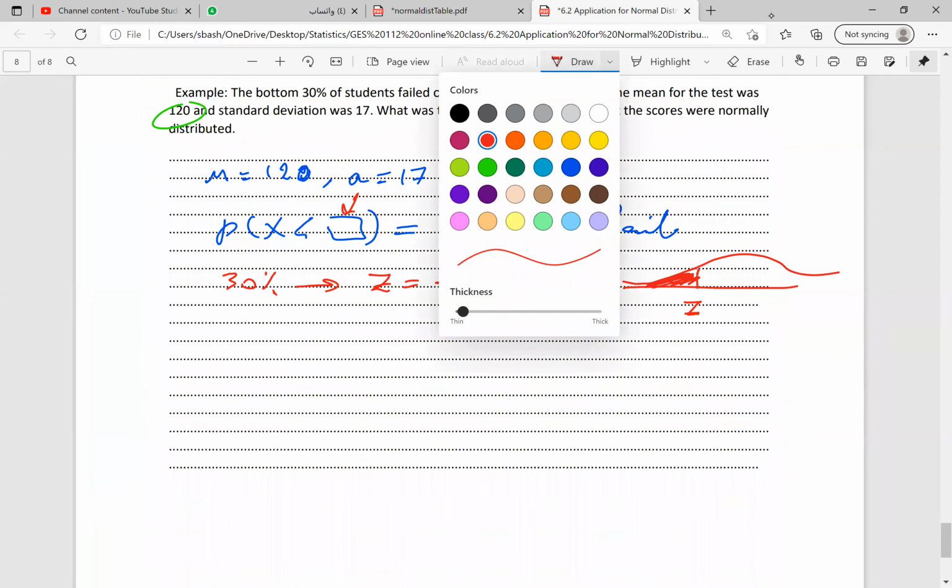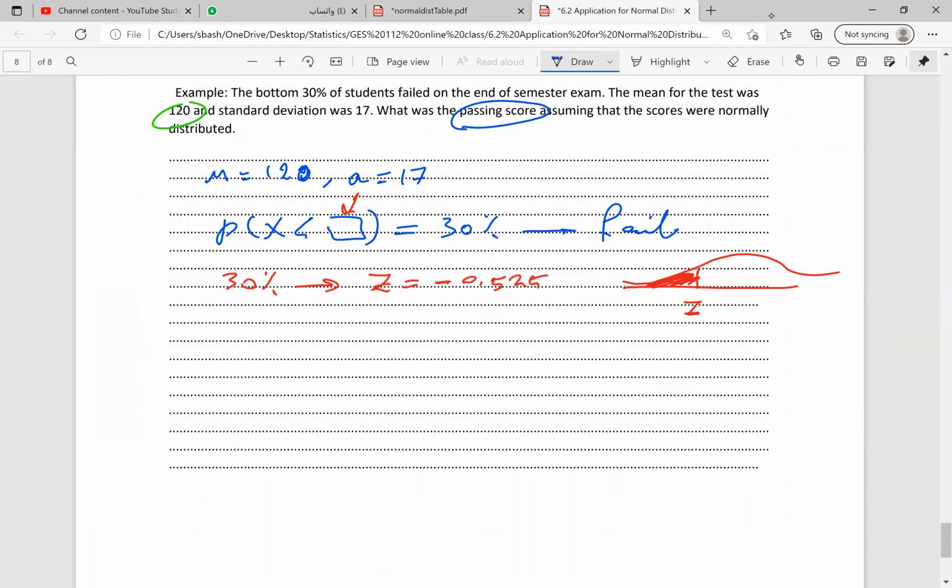So for this one, x is equal to z multiplied by sigma plus mu, that is minus 0.525 multiplied by sigma, that is 17, plus mu, which is equal to 120.